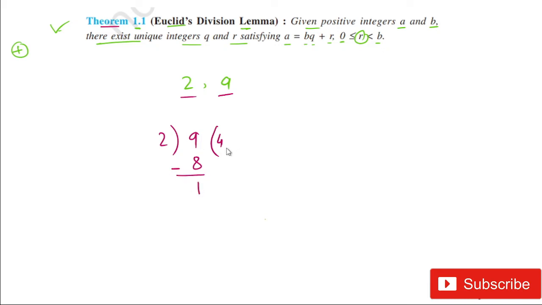So this is the basics of division. Everybody would know this. Now if we name these terms, the 4 is the quotient, and 1 is the remainder.